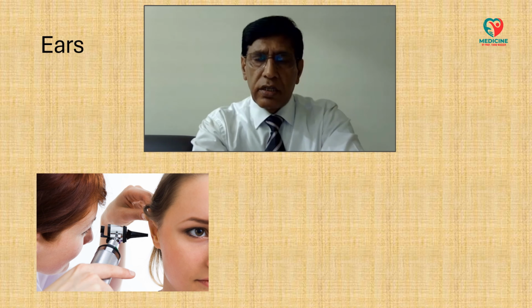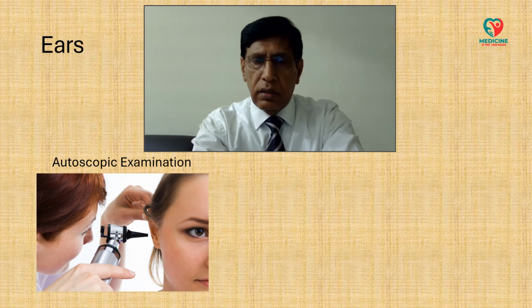Sometimes these simple things can be a reason for pain in the ear, or a manifestation of decreased hearing acuity. So otoscopic examination, or just putting a torch and examining the external auditory canal and meatus, would be a very useful component of the examination of the head and face area.